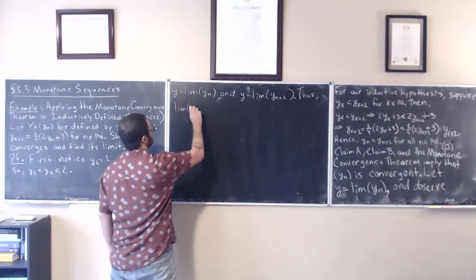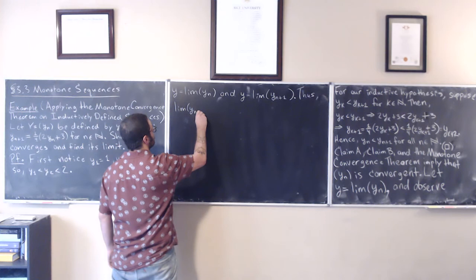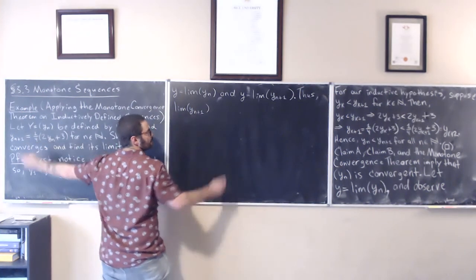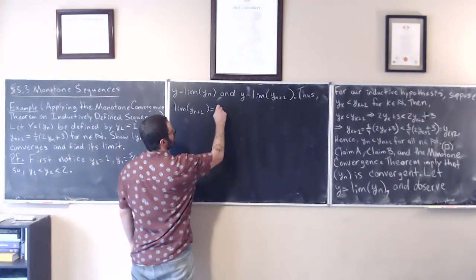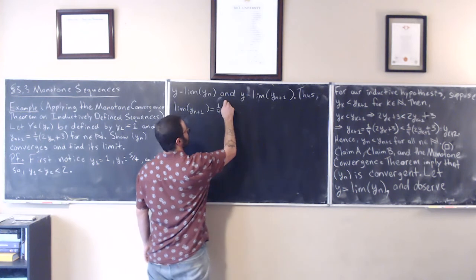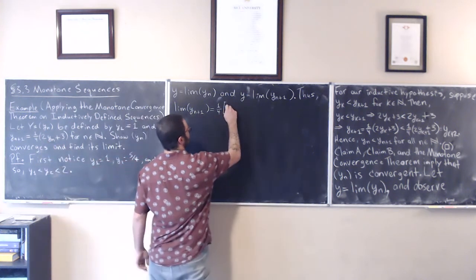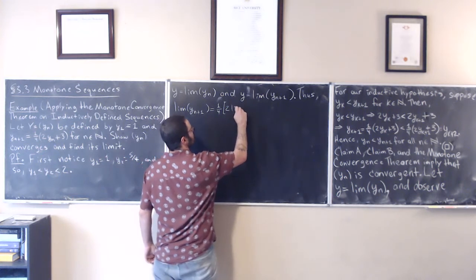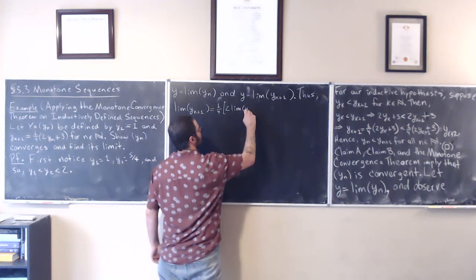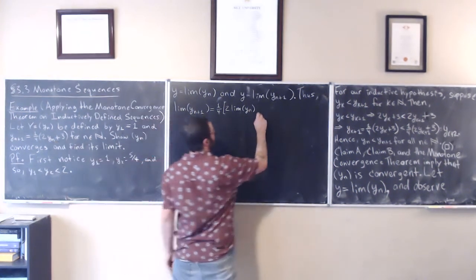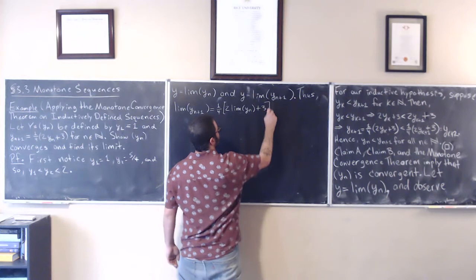The limit of y sub n plus 1 on the left-hand side of how it's defined right there is equal to 1/4 of, we have 2 times the limit of y sub n plus 3.